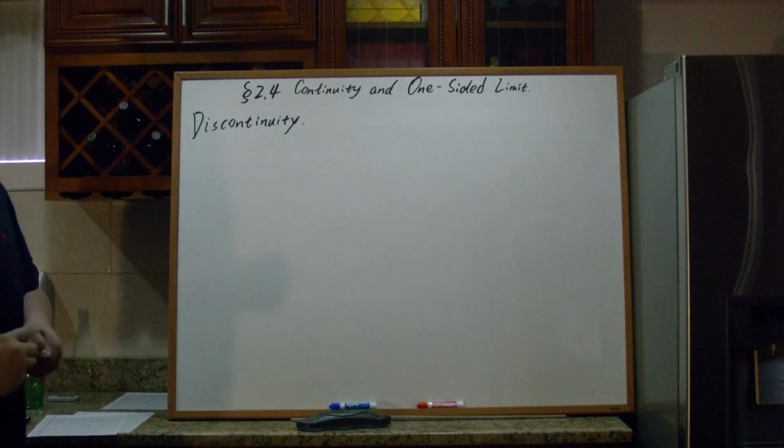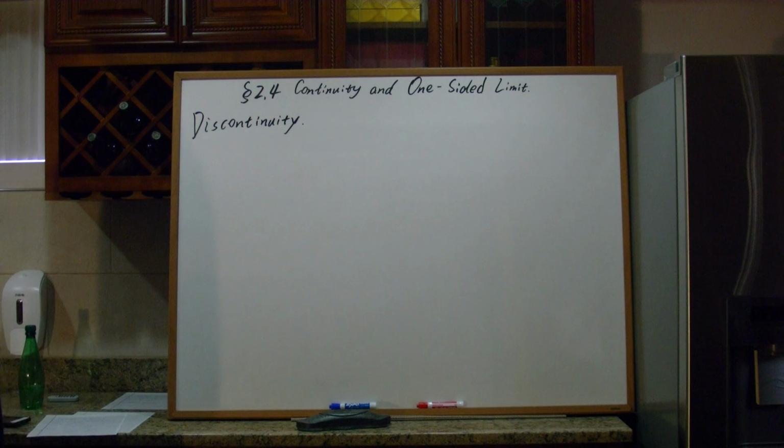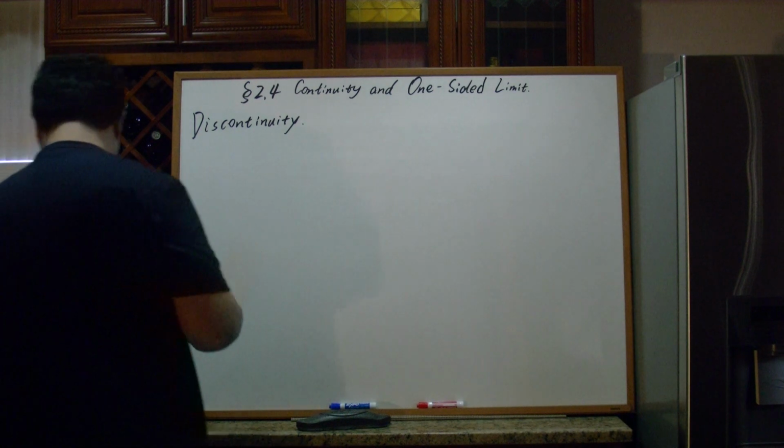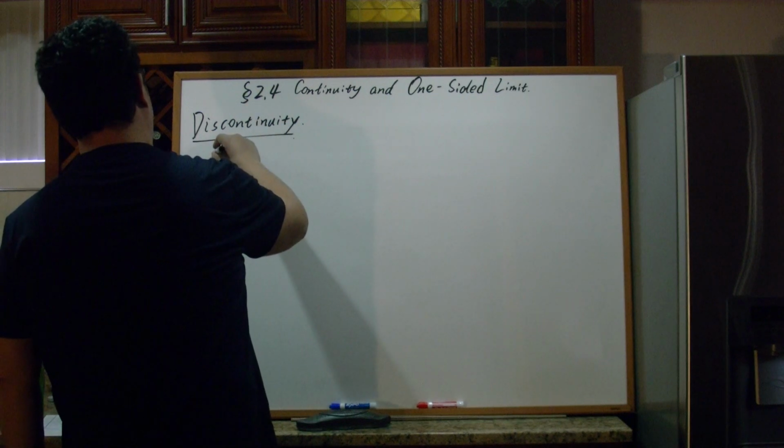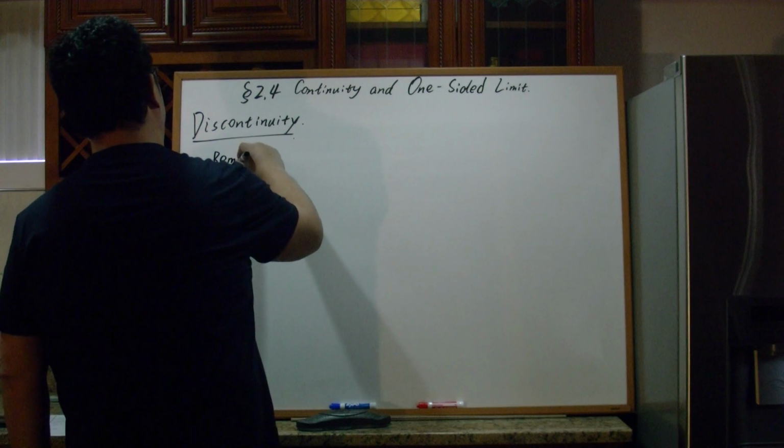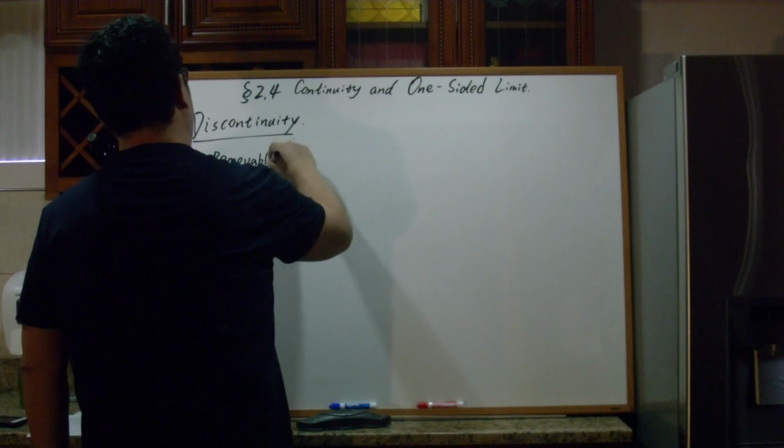And of course, when we discuss continuity, we will have something called a break point, which is officially called a discontinuity. There are two types. The first type is called a removable discontinuity.